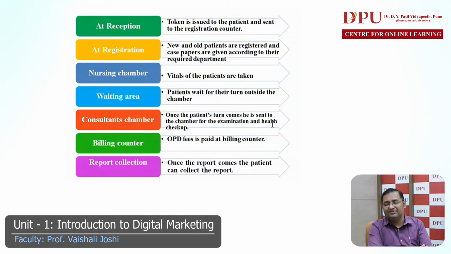These liquids, which are required for taking aseptic precautions on the skin of the patient, must be made available in the consultant chambers. These consultant chambers must have an examination chair for examining the patients. Also, the consultant chamber must have a facility for the sitting arrangement of the relatives of the patient.